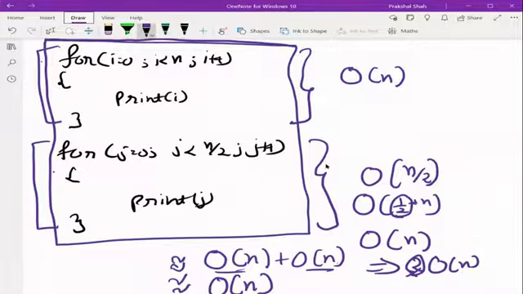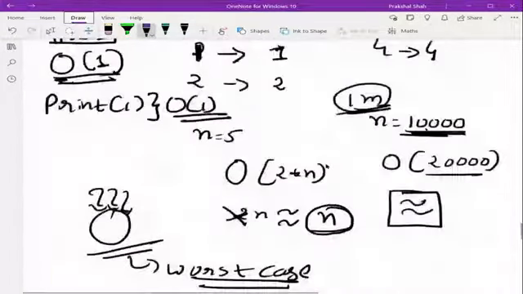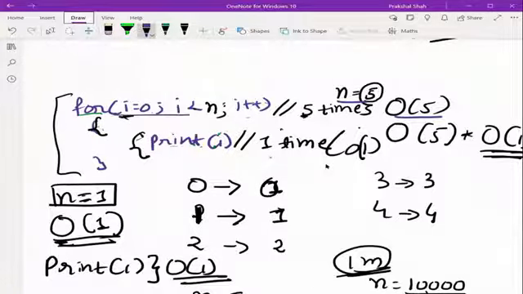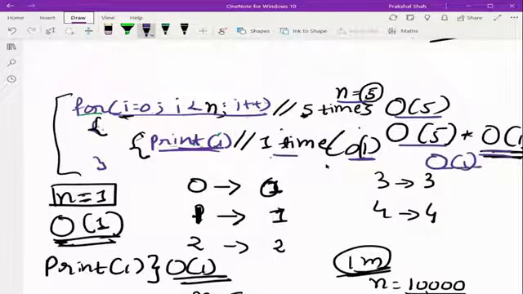See, in this particular case, let me go back. I told you that if my n equals 5, this for statement ran for order of 5, and this print statement was executed one time, so it was order of 1. So can I say it will be order of 5 into order of 1? It will be order of 1 only at the last. So whatever input I have passed, this will be my answer.